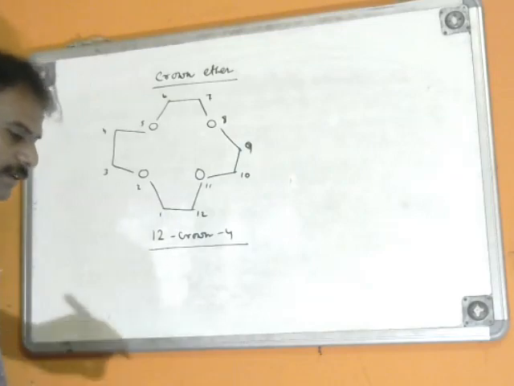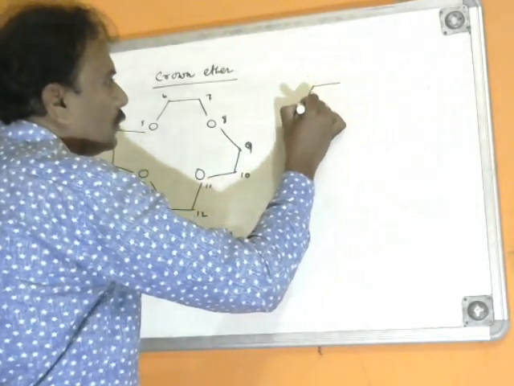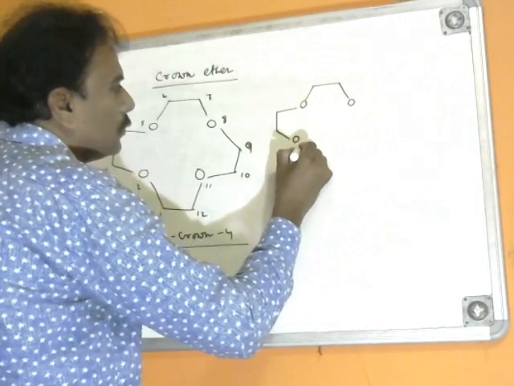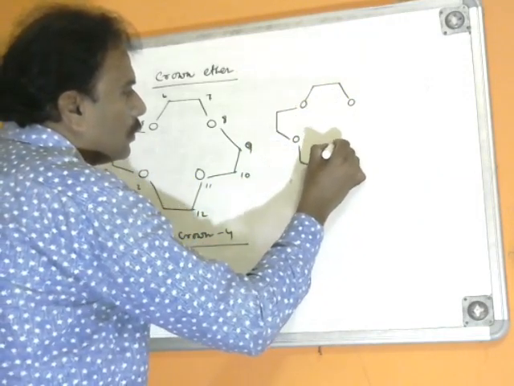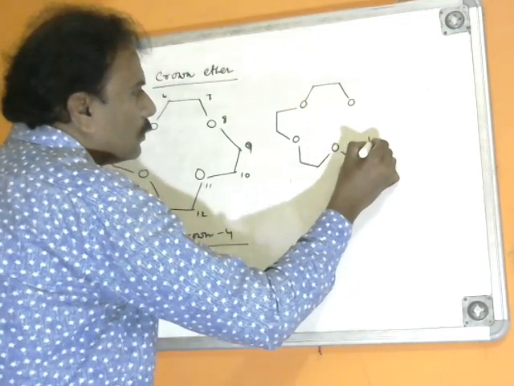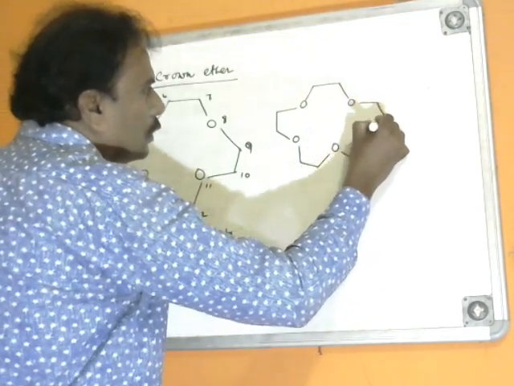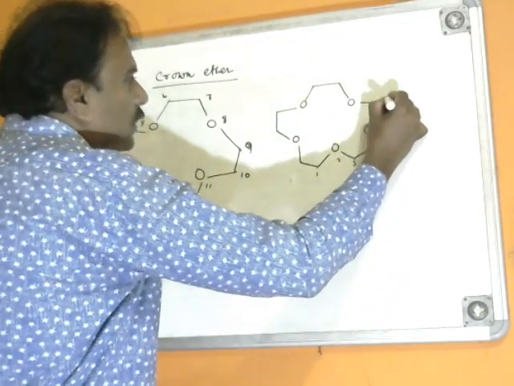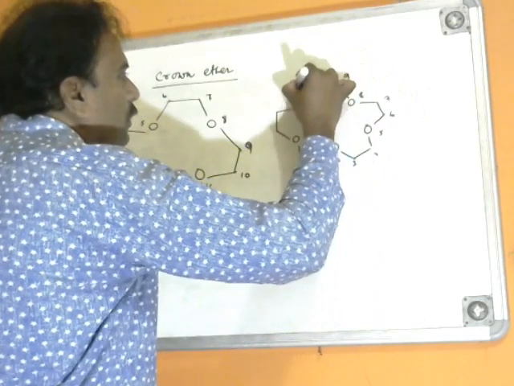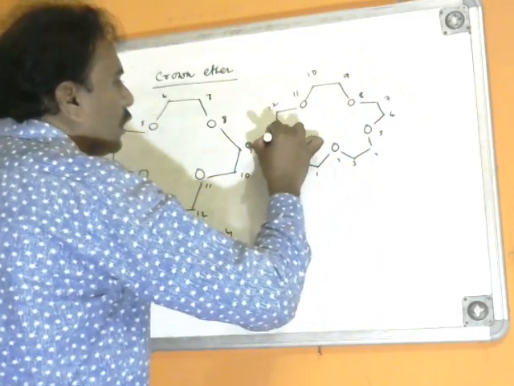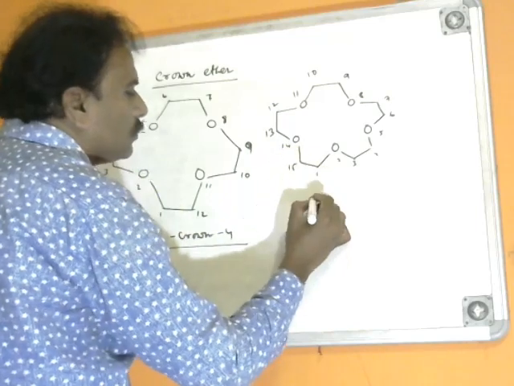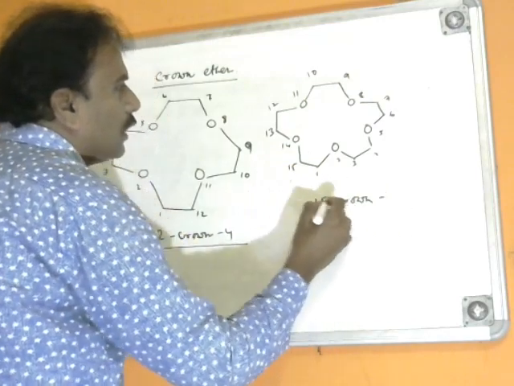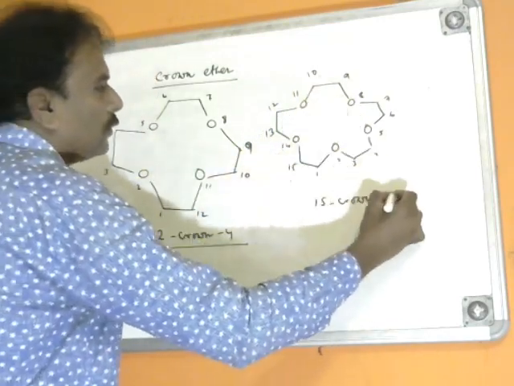Another example I am taking. Suppose. So how many atoms? 1, 2, 3, 4, 5, 6, 7, 8, 9, 10, 11, 12, 13, 14, 15. So what will be the name? 15 crown. And the number of oxygens? 1, 2, 3, 4, 5. So 5.